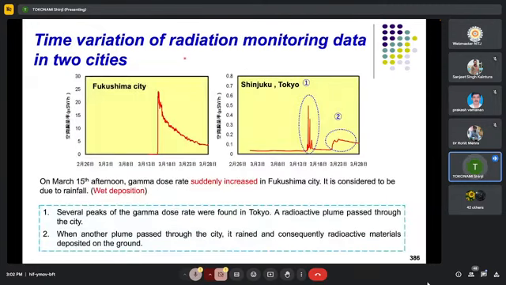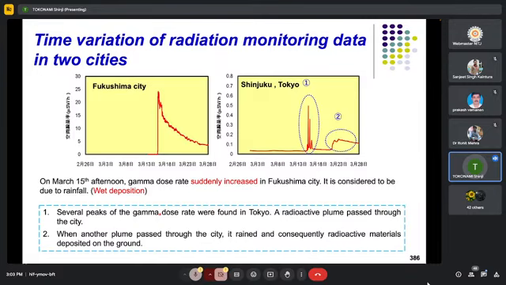Here are time variations of radiation monitoring data in two cities, Fukushima City and Tokyo. On March 15th afternoon, gamma dose rate suddenly increased in Fukushima City. It is considered to be due to rainfall, that is, wet deposition of radioactive materials.